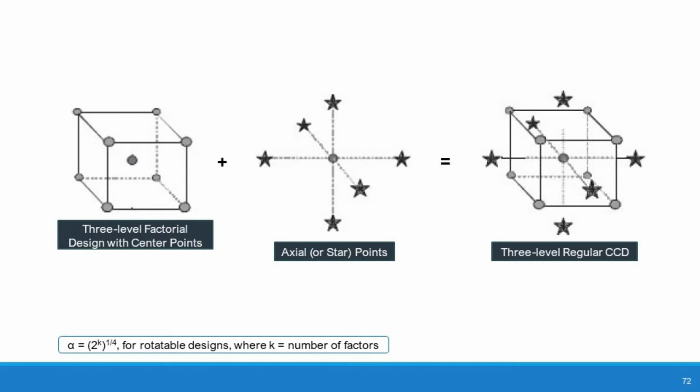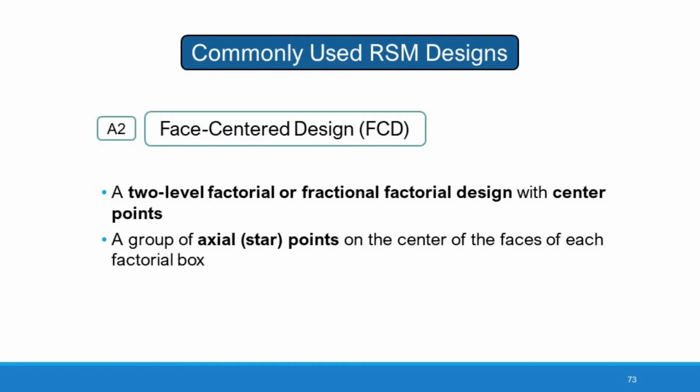Aside from the regular CCD, another commonly used CCD is the face-centered design or FCD. Like regular CCD, FCD is composed of two-level factorial or fractional factorial design with center points and a set of axial or star points. However, these axial points are positioned on the center of the faces of each factorial box.